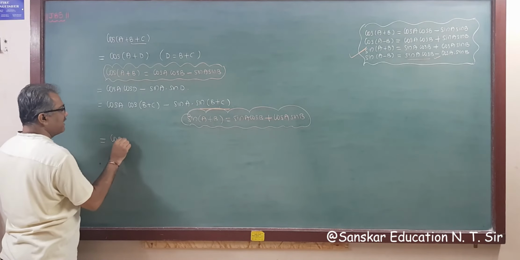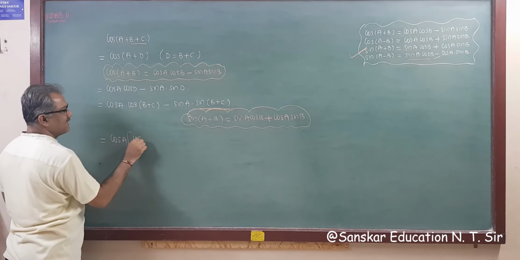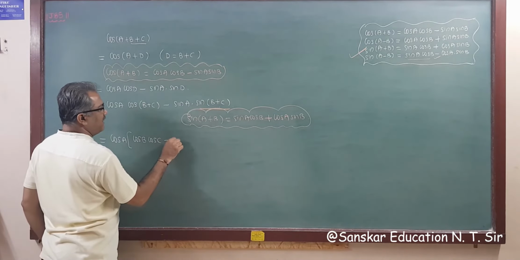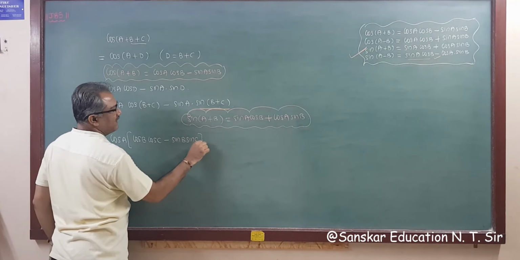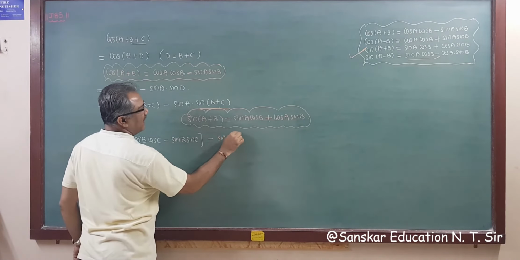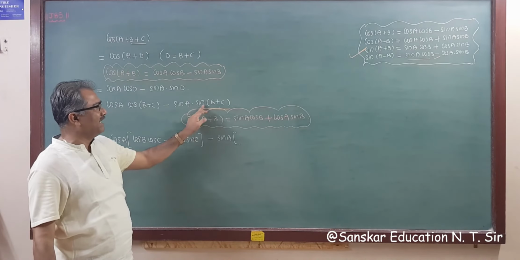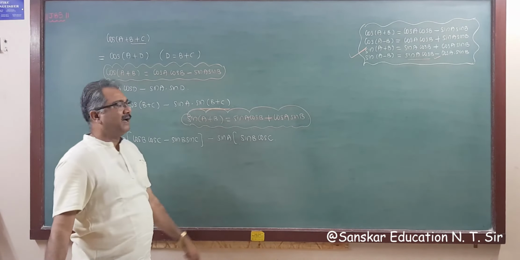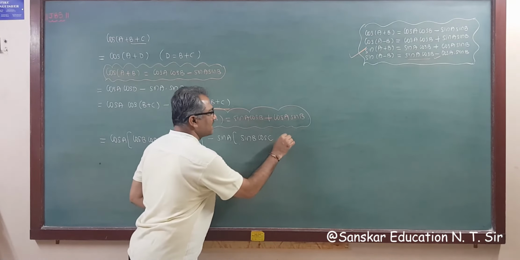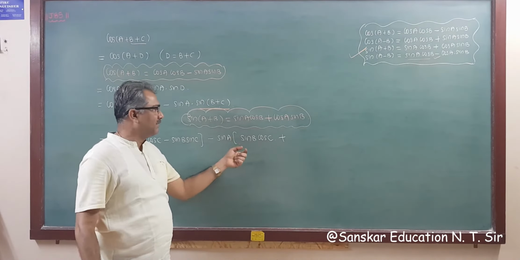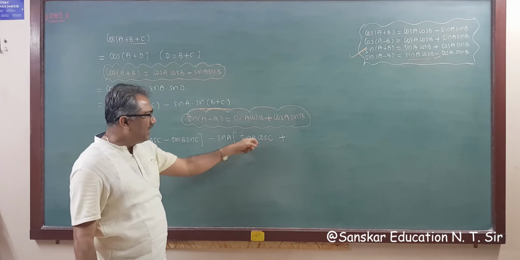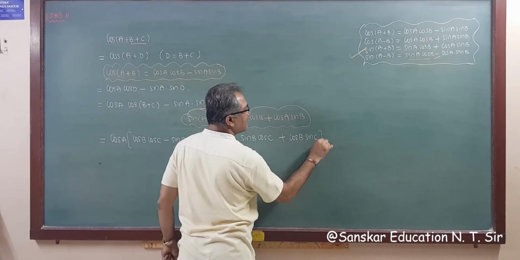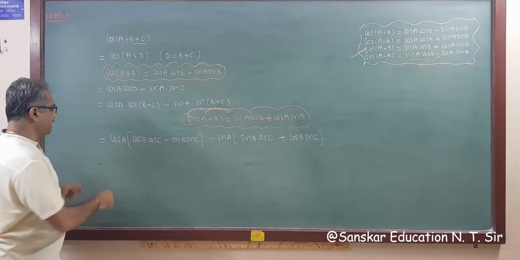This is cos A. Now cos(B+C) is cos B cos C minus sin B sin C, minus sin A, and sin(B+C) is sin B cos C plus cos B sin C. So multiplying this, what we get?